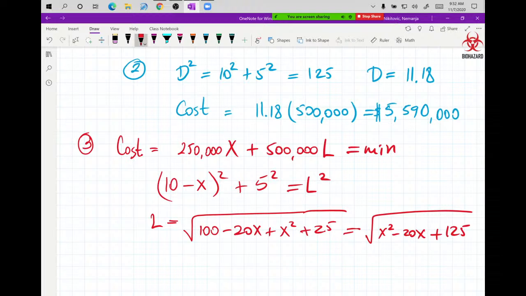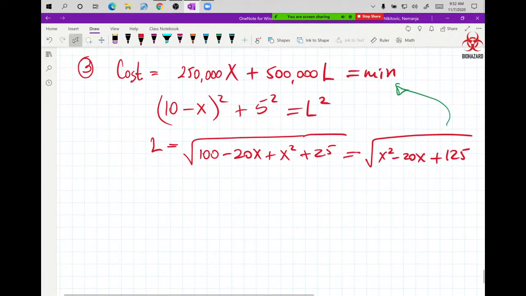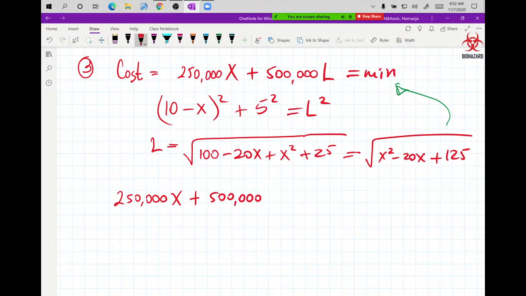And now you stuff that into the equation up there. So what you get is 250,000 times x plus 500,000 times the square root of x squared minus 20x plus 125 equals the minimum.